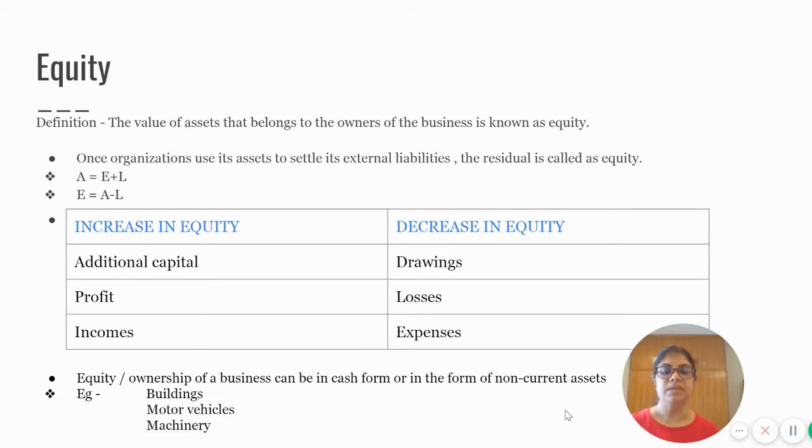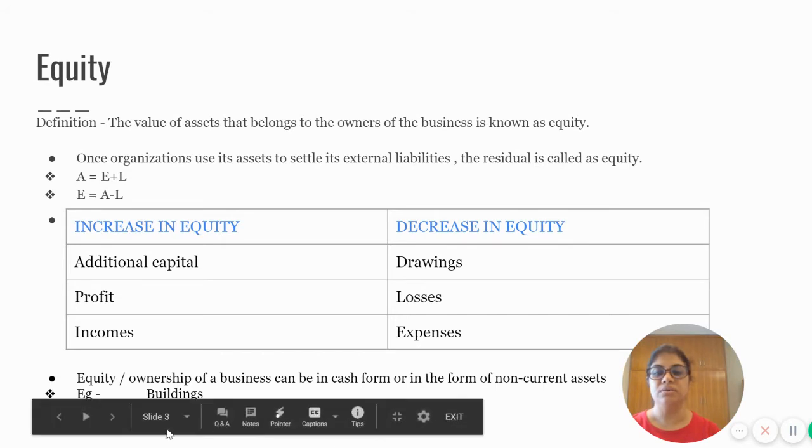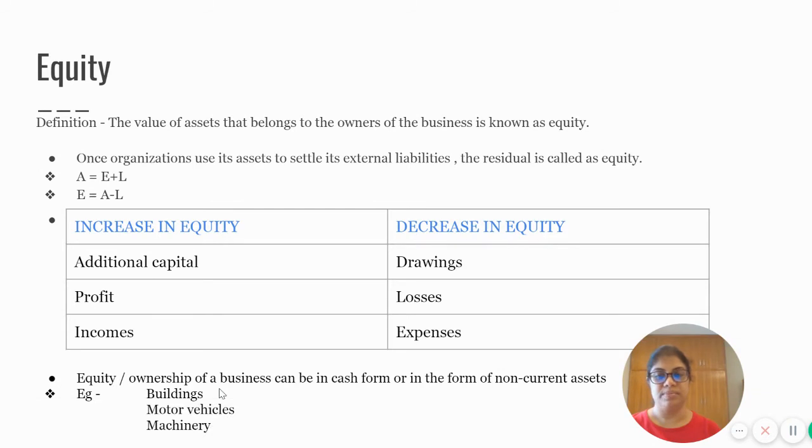Examples: the owner can bring money to the business or finance the business by investing money, or if the owners have extra buildings, motor vehicles or machinery, such things can also be brought to the business, and thereby the ownership can be increased.